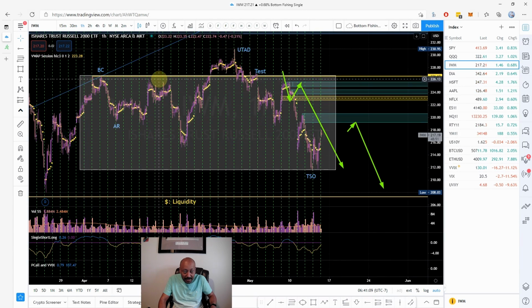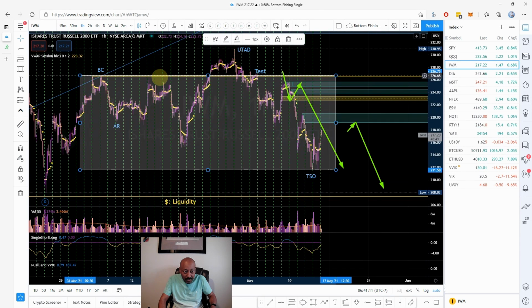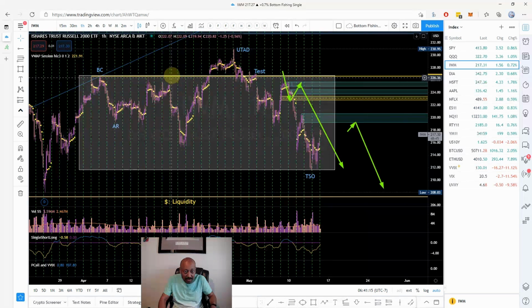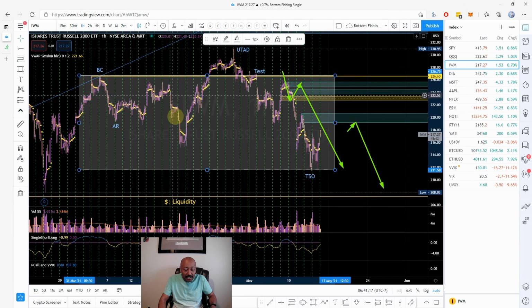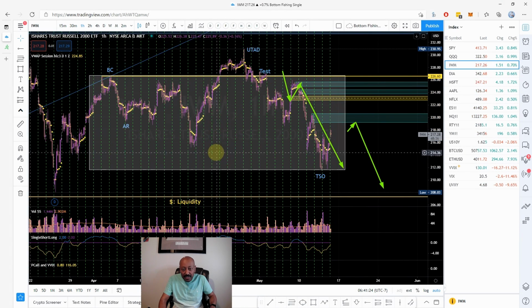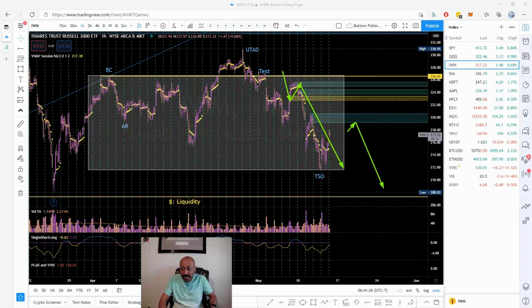I'm just trying to get to this drawing line so I can duplicate it. So that's what I want to look at. So IWM, that's what it is.